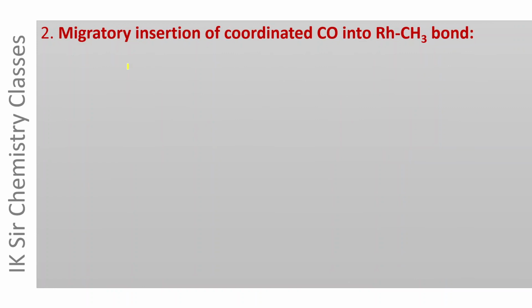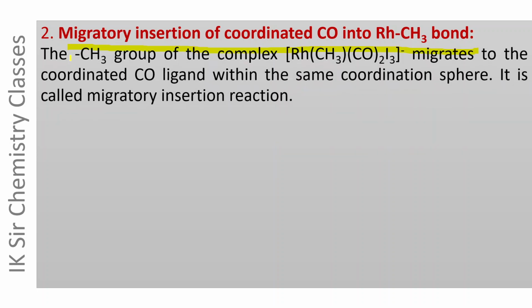And in the second step, there is migratory insertion of coordinated CO into Rh-CH3 bond. The CH3 group of the complex formed in step number 1 migrates to the coordinated CO ligand within the same coordination sphere, it is called migratory insertion reaction.